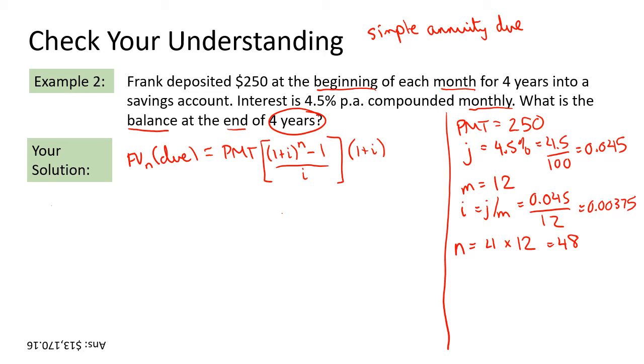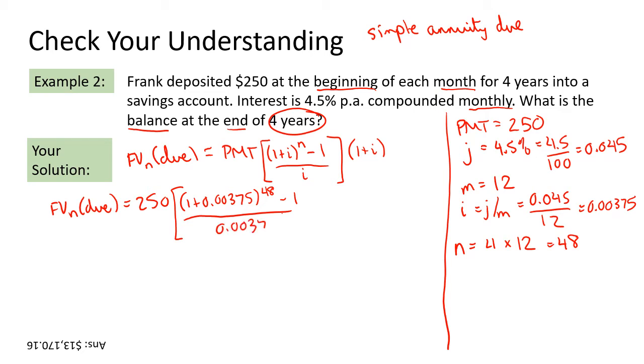Substituting all of these values into the formula, future value for an annuity due is equal to 250 times 1 plus 0.00375 to the exponent 48 minus 1 divided by 0.00375. And that's again multiplied by this additional term, 1 plus 0.00375, the periodic interest rate.